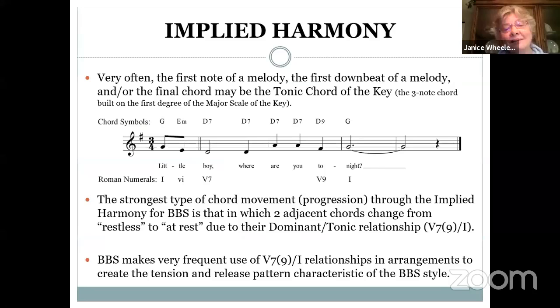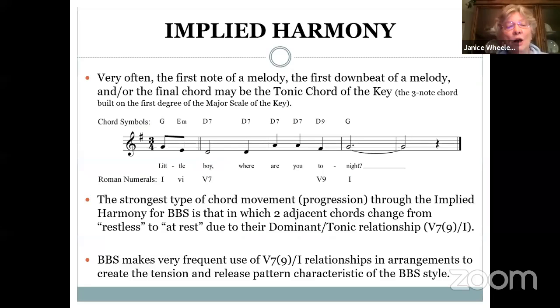The strongest type of chord movement or progression through the implied harmony for barbershop is that in which 2 adjacent chords change from restless to at rest due to their dominant tonic relationship. And you notice there at the last 2 chords of the song, we have a 5/9 chord, or a dominant 9th chord, that resolves very nicely to the tonic note and chord of the key of G, the G major chord.